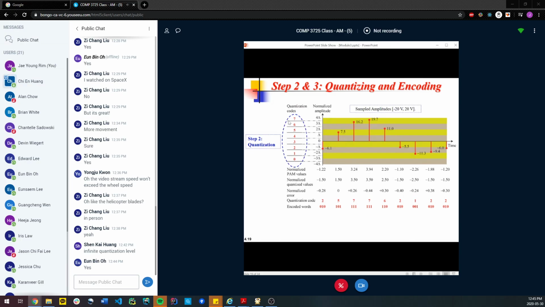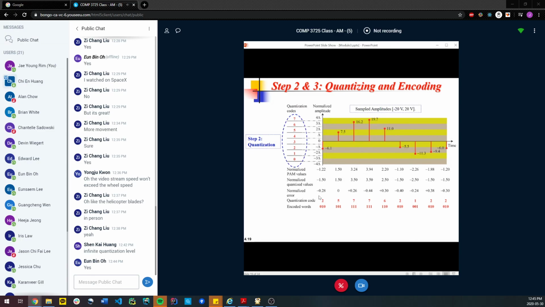But because all of these quantization levels are with reference to the middle of the level, the estimation of all of these, so you're saying this minus 6.1, which is at minus 1.22, is estimated as minus 1.5. 1.5 is 1.5, 3.24 is 3.5, 3.94 is also 3.5, and so on and so forth.